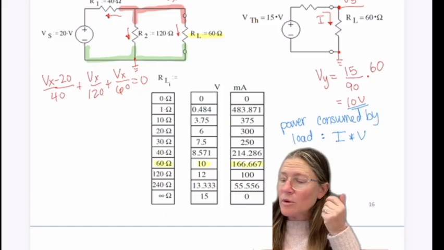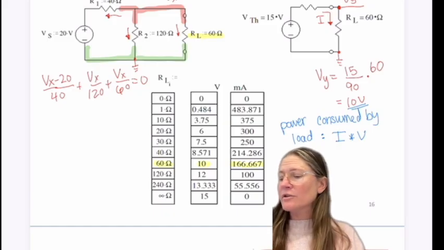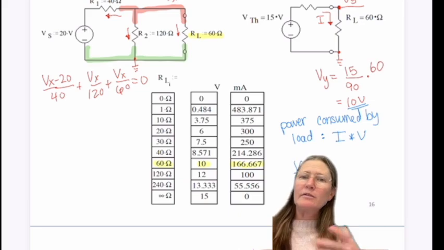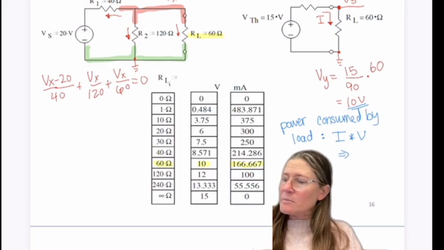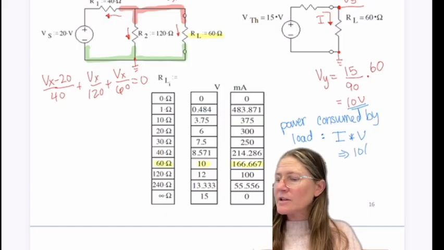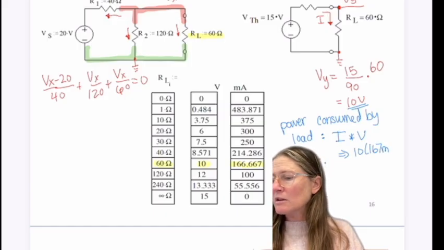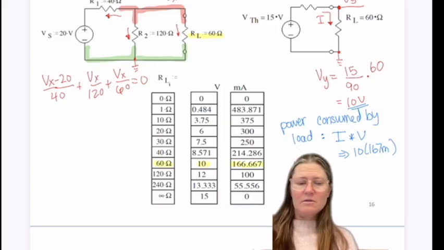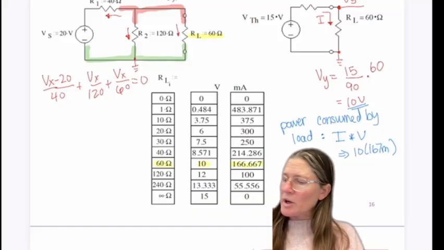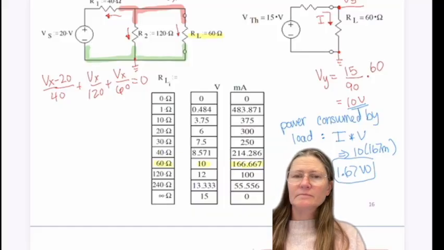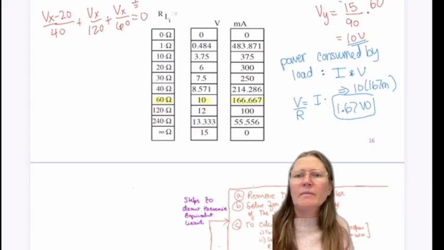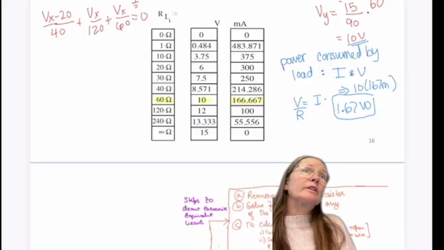Or if you don't know I, then you could solve it for R and do V squared over R. And you would get that the power being consumed here is 10 times 167 milli, which is 1.67 watts. So then your circuit needs to be able to handle that much power consumption.